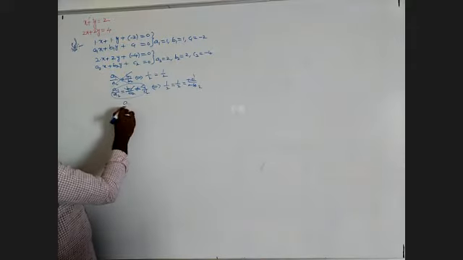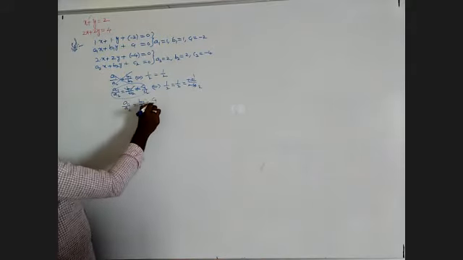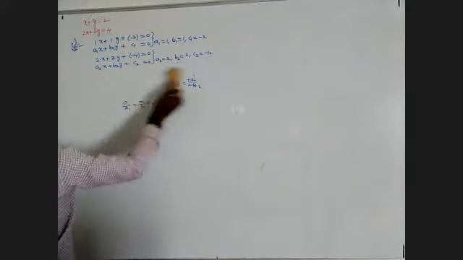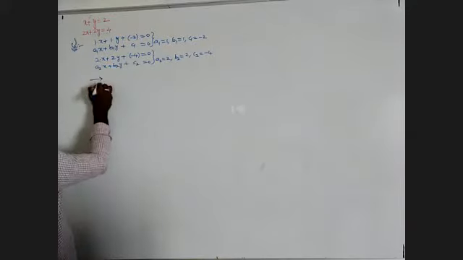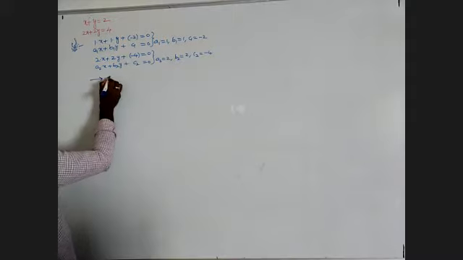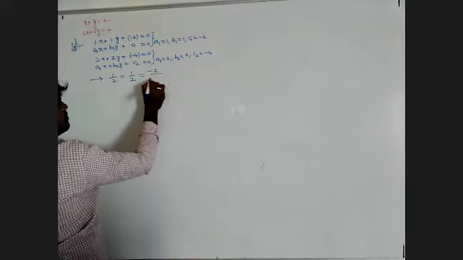Finally, we have to satisfy a1 by a2 is equal to b1 by b2 is equal to c1 by c2. Have to write this condition. Here, first I have to take 1 by 2 is equal to 1 by 2 is equal to minus 2 by 4.